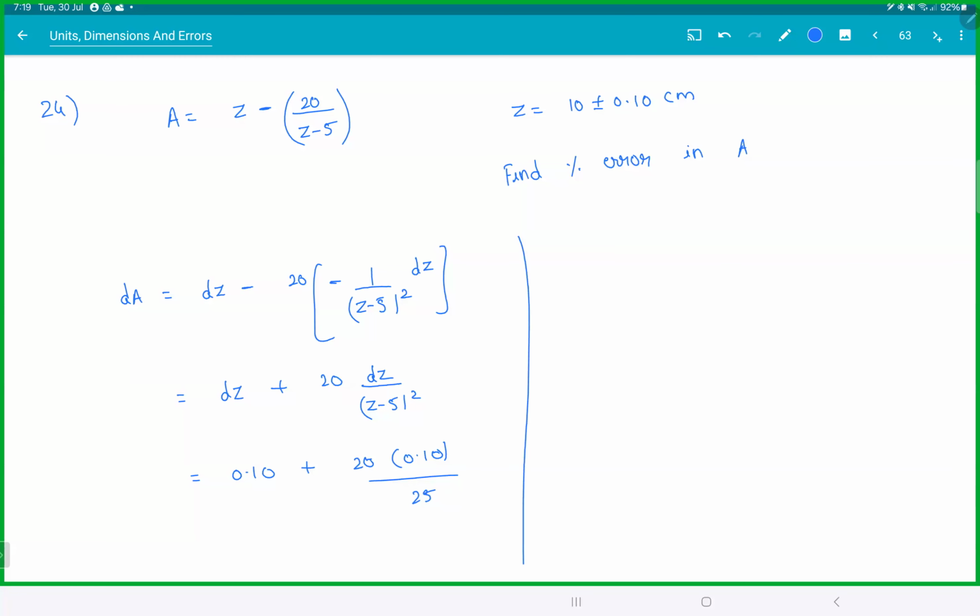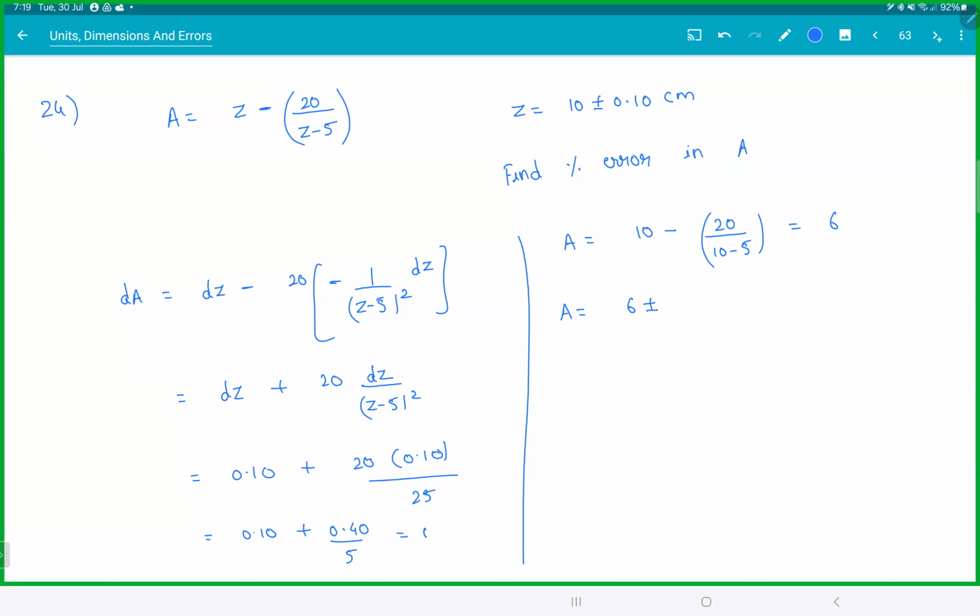We want percent error, right? So you want the value of A also. What is A? A is 10 minus 20 by 10 minus 5. That would be 25 by 6. So the value of A is actually 6 plus or minus, how much is this? 0.10 plus 5s are 4s are 0.40 by 5.